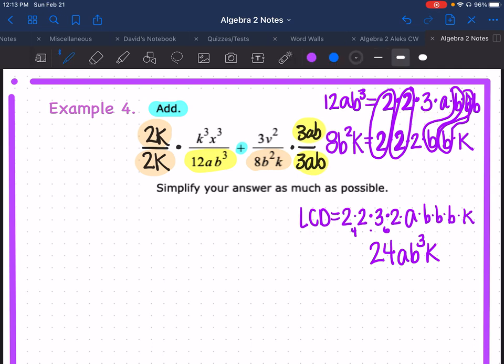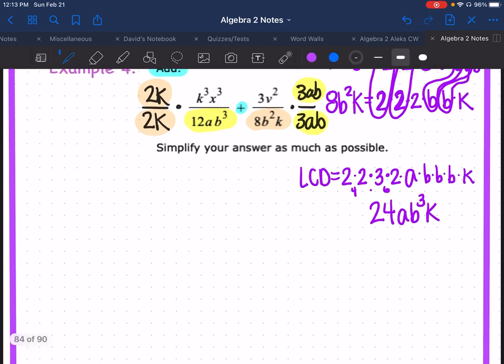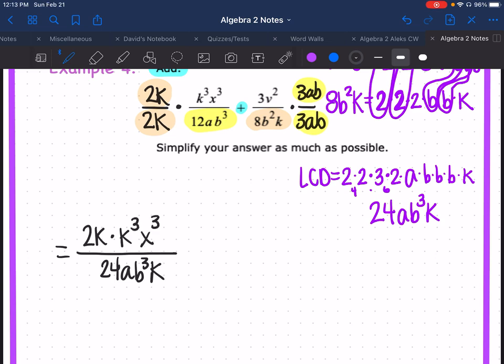All right, let's go ahead and actually do this multiplication. So I'm going to have 24AB to the third, K on the bottom, and on the top I'm going to have 2K times K to the third, X to the third. Plus, we finally get to do a plus.